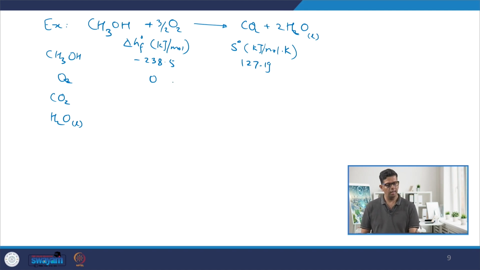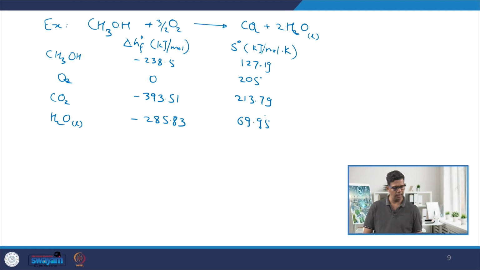Hence the enthalpy of formation for O2 is 0. Entropy is 205. CO2 is minus 393.51 and entropy is 213.79. For water, the enthalpy as we know it is minus 285.83, or 286 also we can write, and the entropy is 69.95.